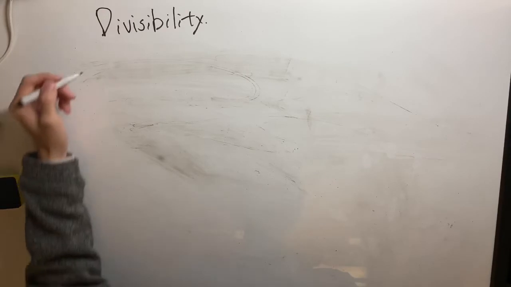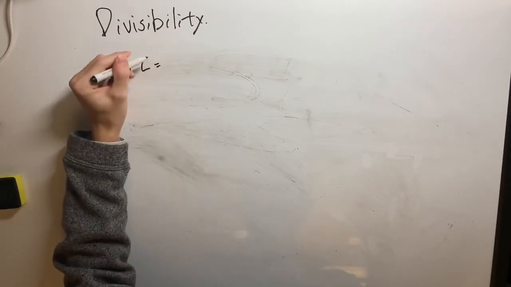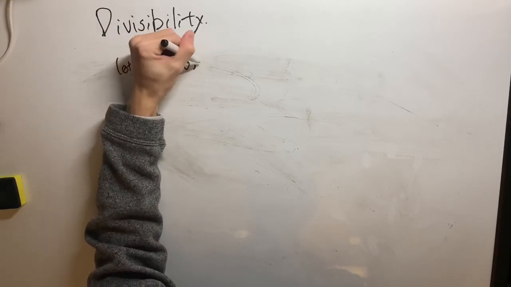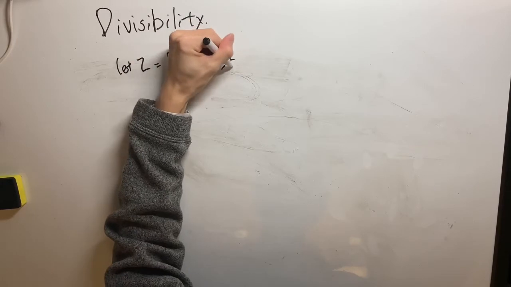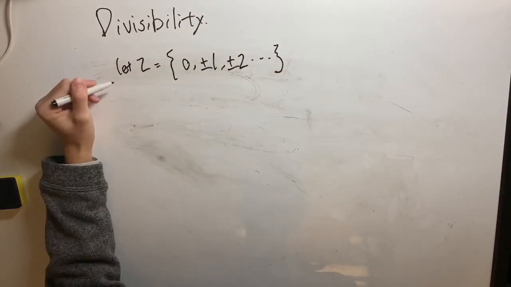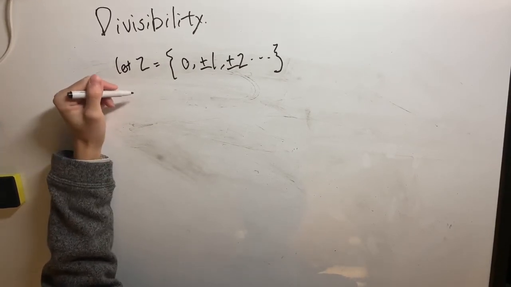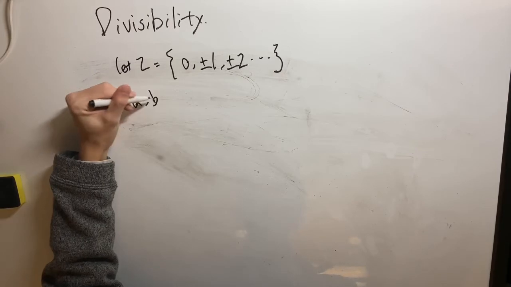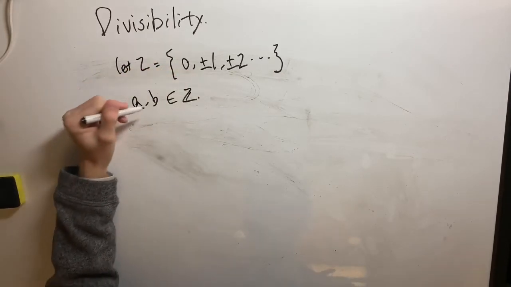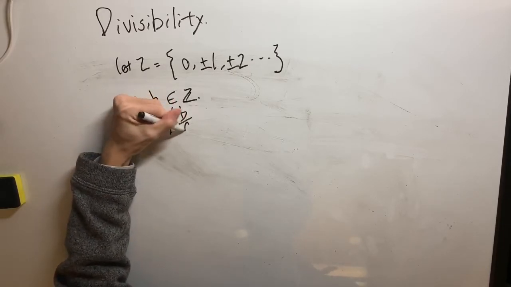So first, let Z be the set of integers like 0, positive or negative 1, positive or negative 2, and so on. As we all know, if we take any integers a or b, they are from set Z. However, what about a over b or b over a?